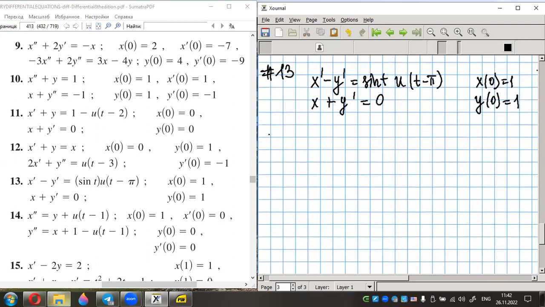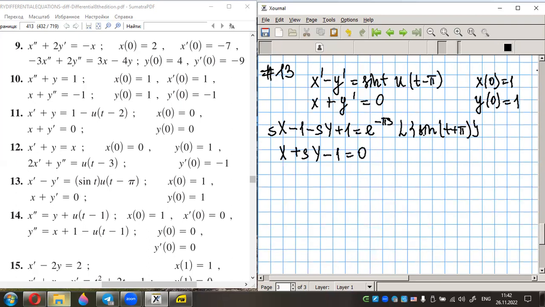Okay, the Laplace transform gives us sX minus sY equals minus e to the minus pi s times the Laplace transform of sin(t plus pi), and the second one is X plus sY minus 1 equals 0.